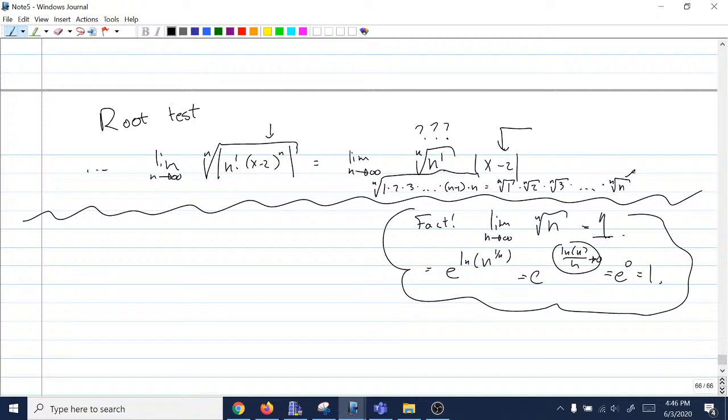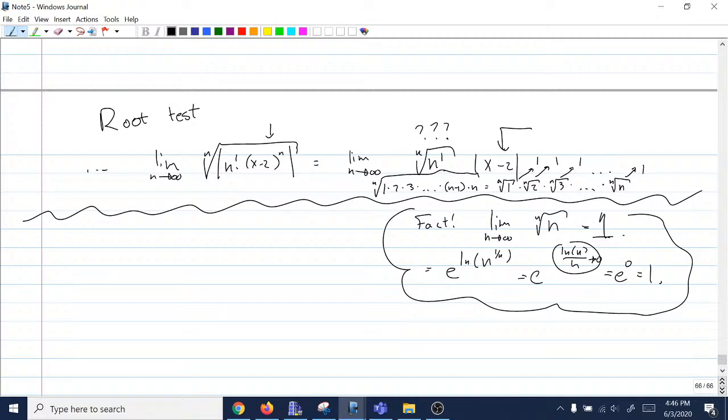The nth root of n goes to 1, and the nth root of any constant goes to 1. All of these things go to 1, but the dot dot dots in the middle stop us from concluding that the product goes to 1. If there were 10 things that all converge to 1, the product definitely converges to 1. But when you have more and more things, that conclusion doesn't hold. And I don't think this is true even.